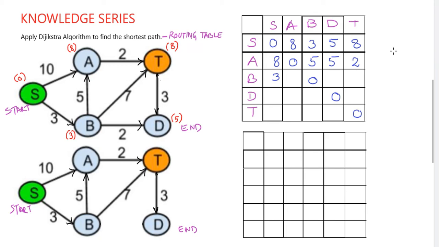Then B to A, it is 0 plus 5, which is 5. Then B to D, automatically B to D is 0 plus 2, which is 2. Then B to T, if you look across, here it is 0 plus 7.